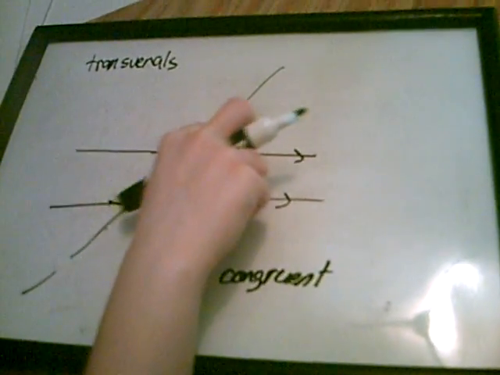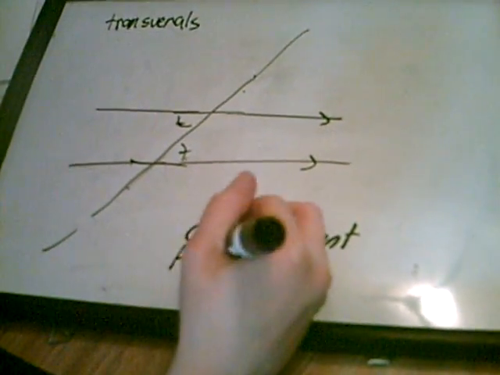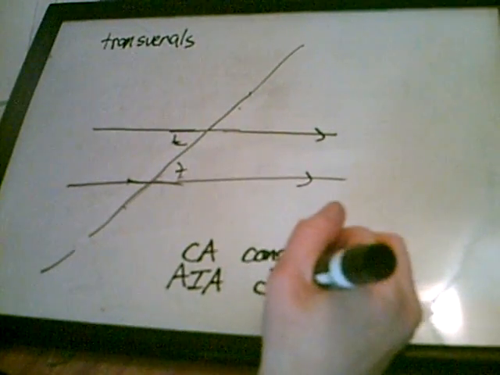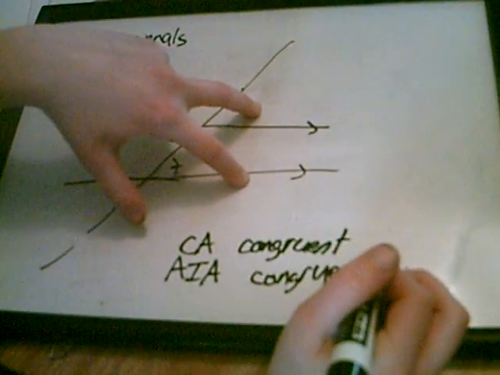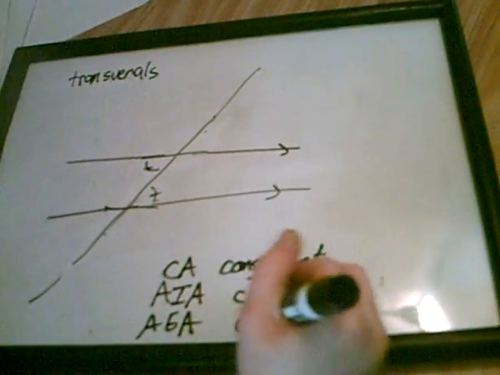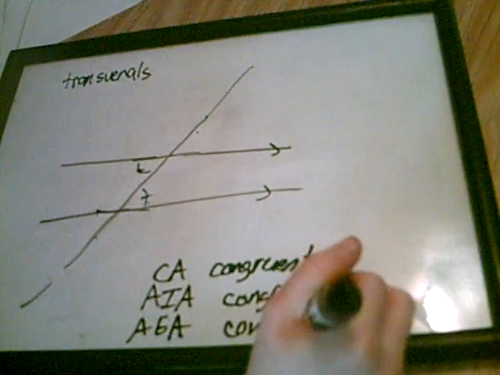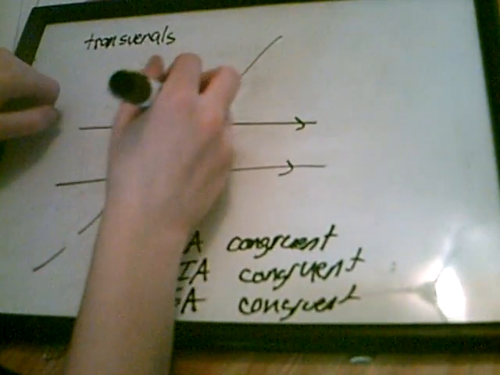Also, alternate interior angles are congruent. Again, this is only if these lines are parallel. And lastly, alternate exterior angles are congruent, which would be these.